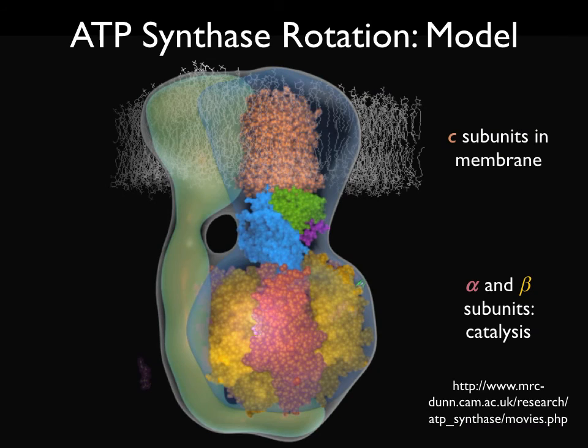Here's a molecular model that summarizes what we believe to be how this works based on crystal structures. You can see that the FO subunit is up at the top, embedded in the membrane, and the F1 subunit, the lollipop part, is protruding down into the matrix. So let's just run this movie forward.